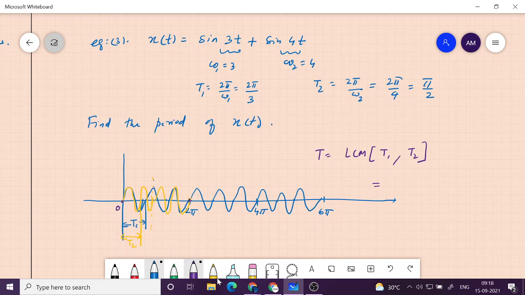What is the LCM of T1 comma T2? You have to write the multiples of T1. T1 is basically 2 pi by 3. So 2 pi by 3, then 2 times that, 4 pi by 3, then what?